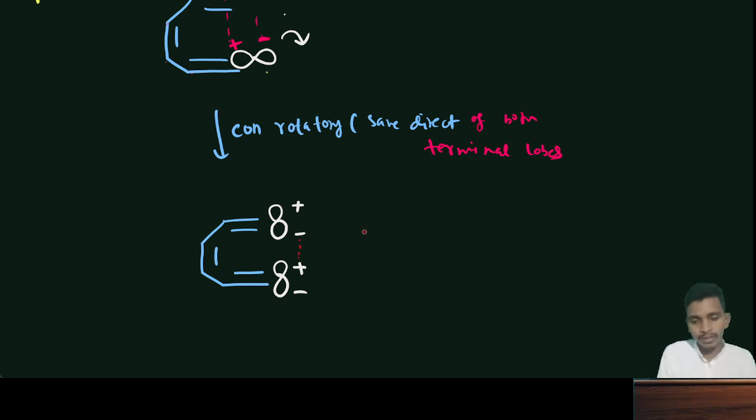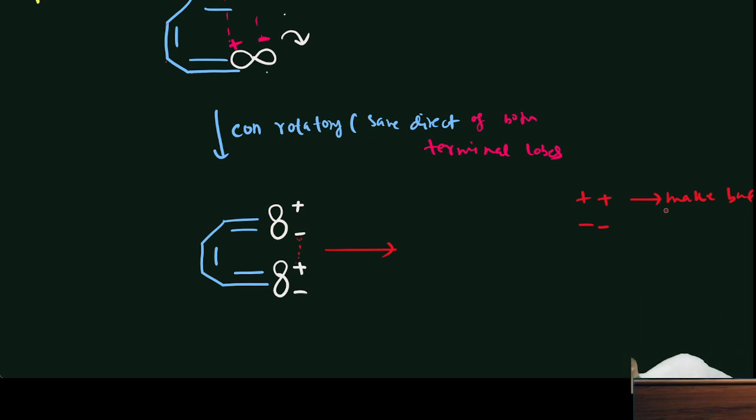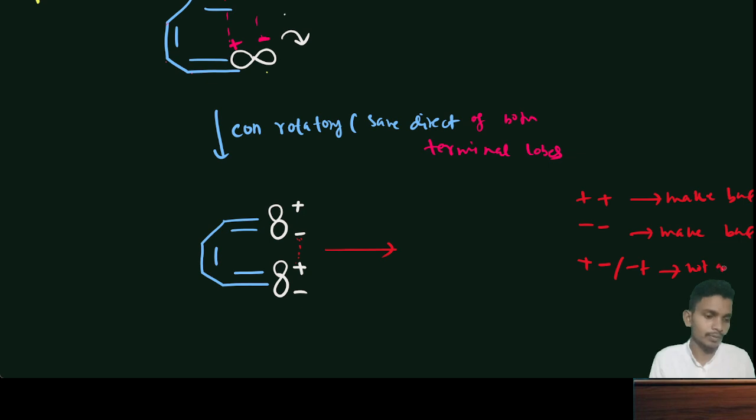No, because I said that orbital lobes make bonds only if they have the same sign: positive with positive, or negative with negative. Positive with negative or negative with positive does not make a bond.